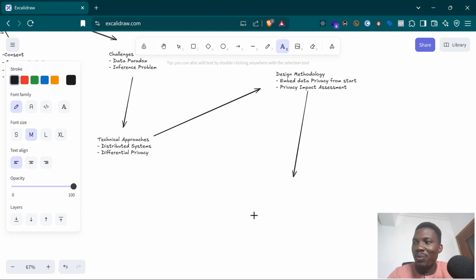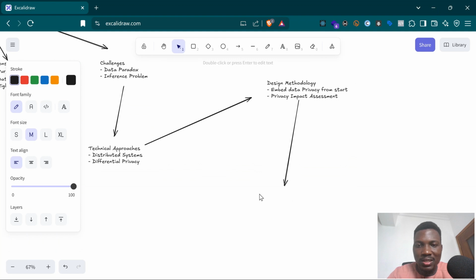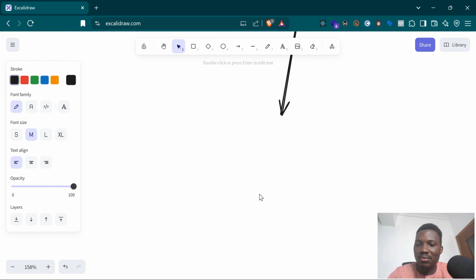Okay, so we can call this privacy compliance checklist. Okay, under these, you can then have something like your assessment methodology.